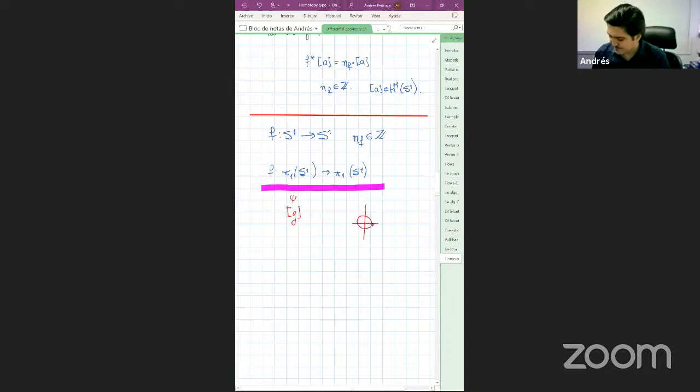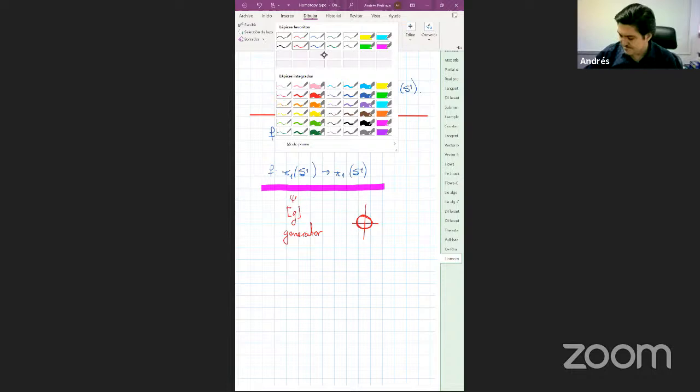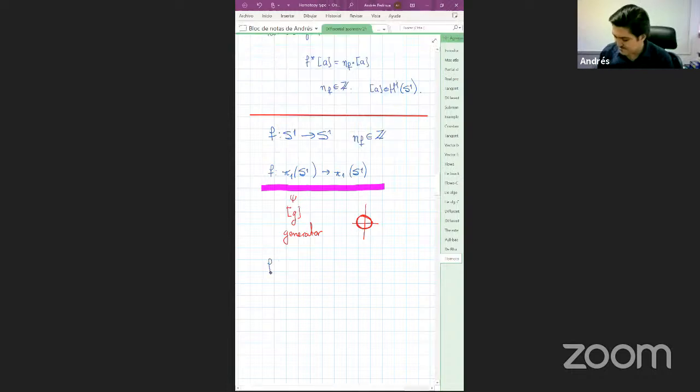So G will go only once. Now, the other thing to note: the fundamental group of the circle is the integers.